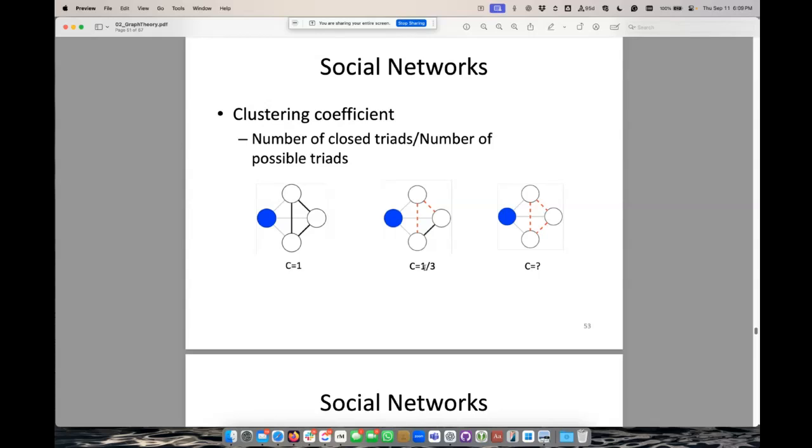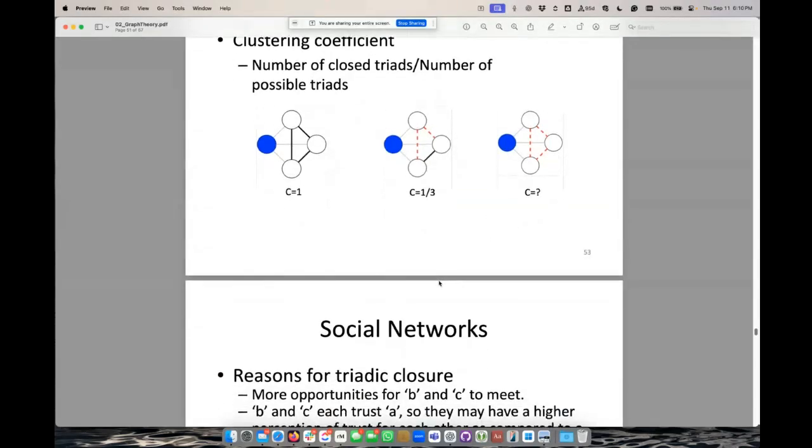So in this case, the clustering coefficient is 1 over 3. But when you look at the last example, where none of these edges are connected, the clustering coefficient will be 0. So there are three possible triads, but none of them are connected. So that means 0 over 3, clustering coefficient is 0.